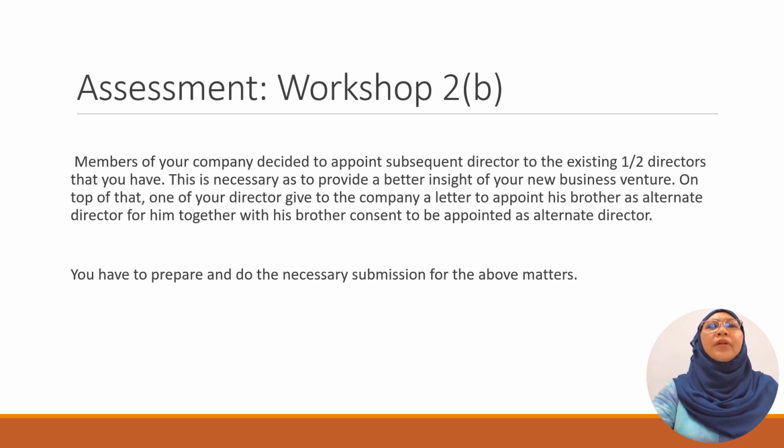On top of that, one of your directors gives the company a letter to appoint his brother, for example, as alternate director for him, together with his brother's consent to be appointed as alternate director. So you need to prepare and do the necessary submissions of this particular workshop 2B assessment.